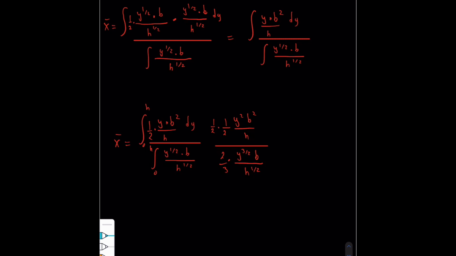Okay. And as we said, our limits for integration are from h to 0. Okay, I'm going to have this be equal to 1/4.